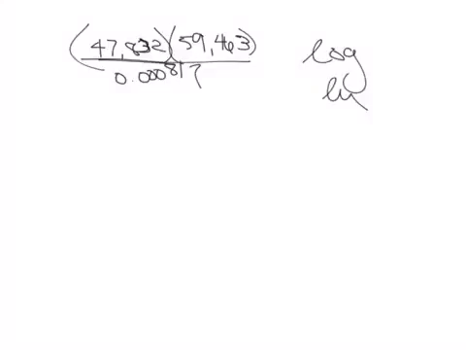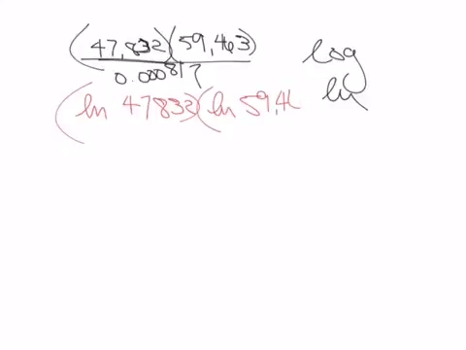Okay? So in the last one, we took the log of 47,832, etc., etc. Now what we're going to do is, instead of the log, we're going to take the ln of 47,832 times the ln of 59,463 over the ln of 0.000817.